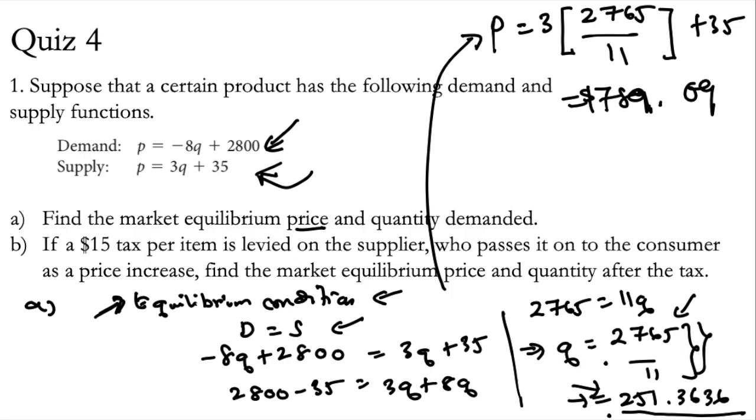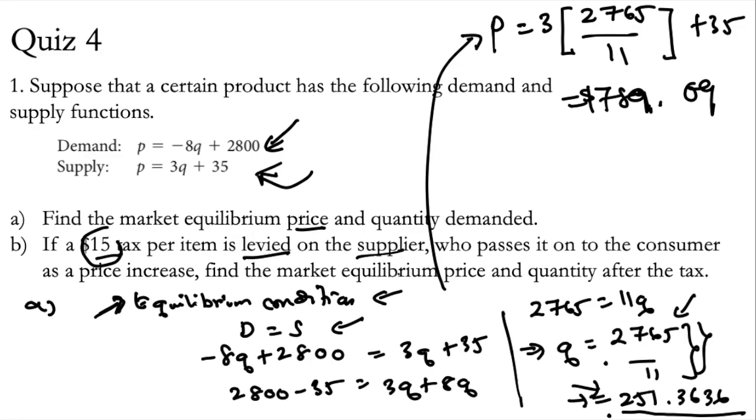Okay, so to find this, you need to understand the concept of tax here. Then only you can do the calculus. If you don't understand the concept of tax here, then when you do the calculus, you may insert this $15 into the wrong equation. It is levied on the supplier.